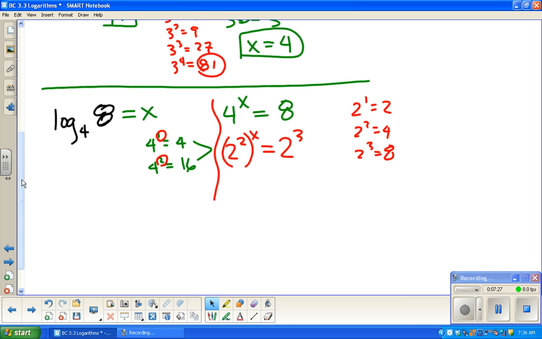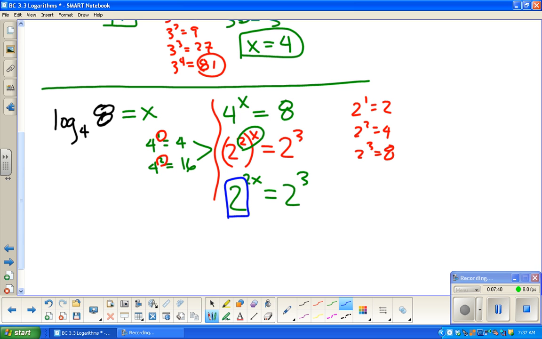Well, I can simplify this exponent on the left side a little bit and call this 2 to the 2x. So that should be equal to 2 to the third. Now my bases match. Sweet. So if that's true, then my exponents must be equal.